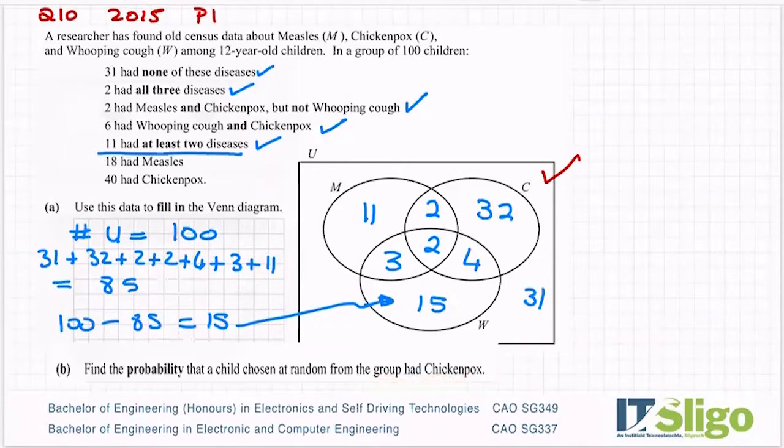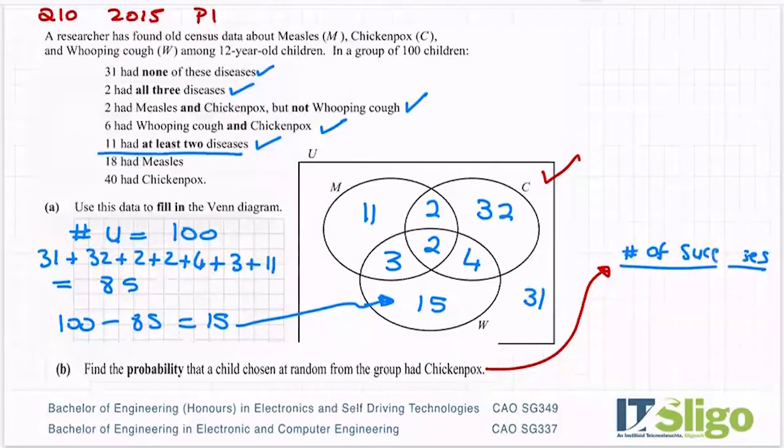Okay, so probability, there's a formula for it. It's called the number of successes over total number of outcomes.